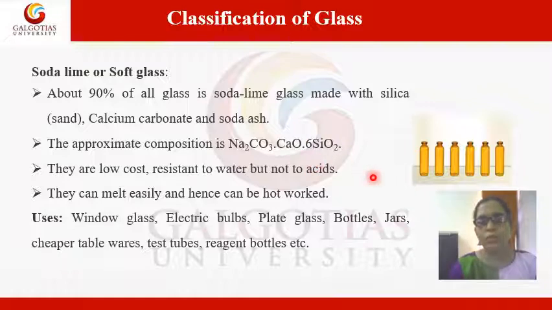The main composition of soda lime glass is sodium carbonate, calcium oxide and silicon oxide. This glass is cheap, that is low cost. It has resistance to water, but no resistance to acids. This glass will melt easily, and it can also be worked at hot temperature.